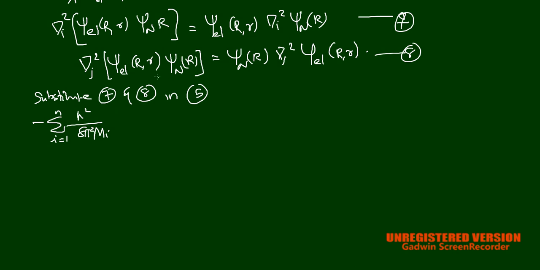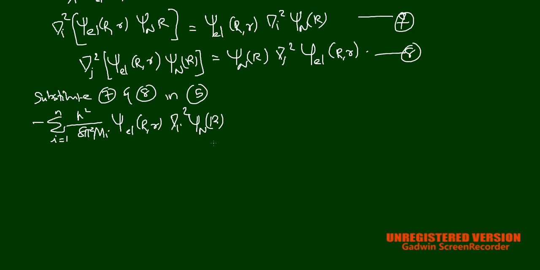So we can substitute that there: ψ electronic r del I square ψ n r. That is the first term in the Schrodinger wave equation.